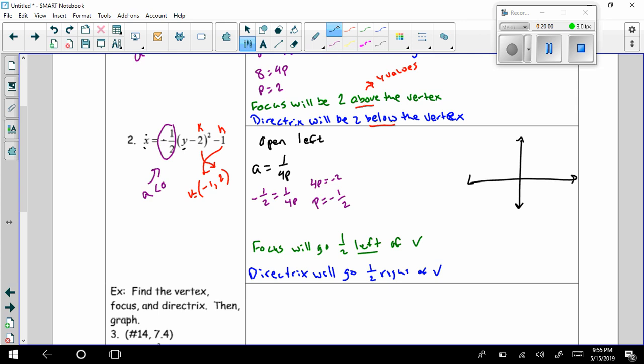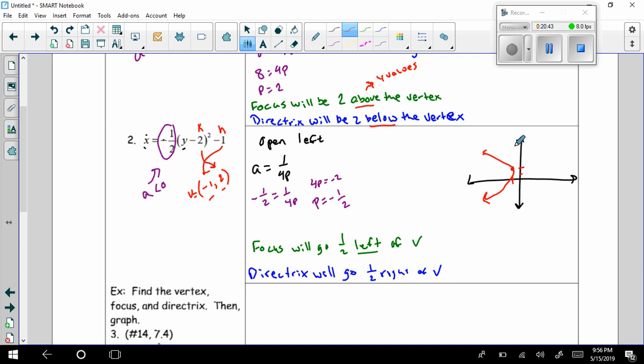Let's purple again. So we have our line open. Oh, what am I doing? Forgot to plot the vertex. So we have our vertex at -1, +2. So here, let's try that one more time.